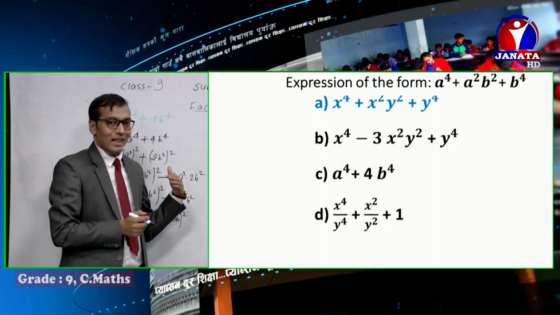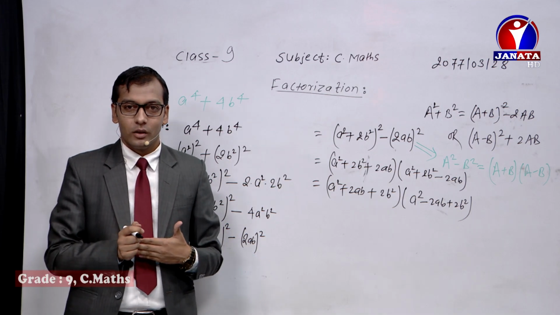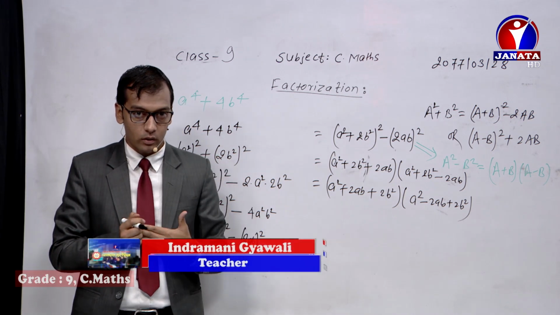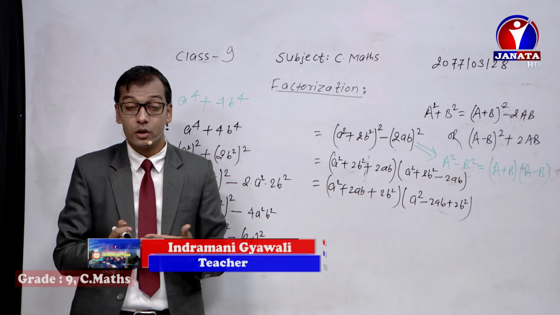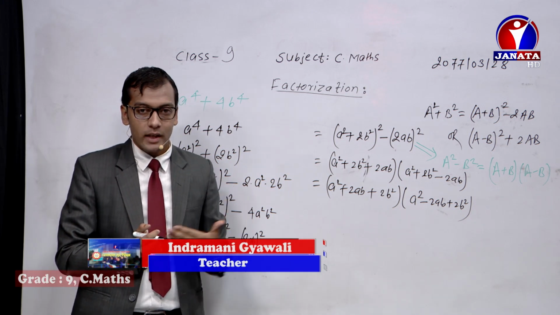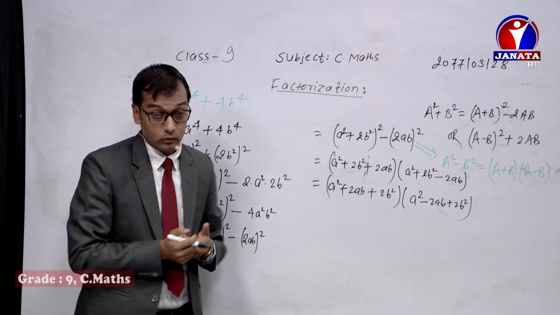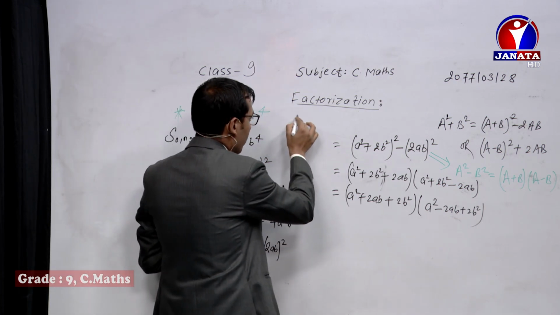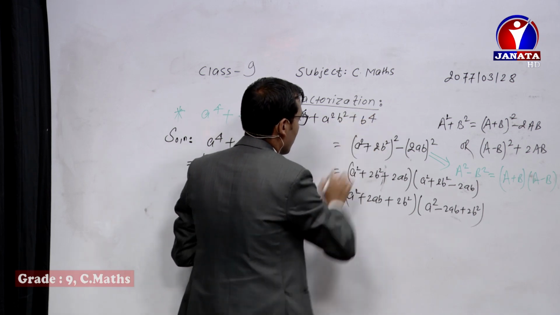So in factorization, actually we discussed so many questions. Some of the questions were based on a square minus b square form, and today basically I focused on factorization based on power 4, like in the form of a to the power 4 plus a square b square plus b to the power 4.